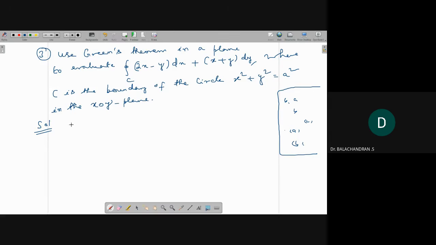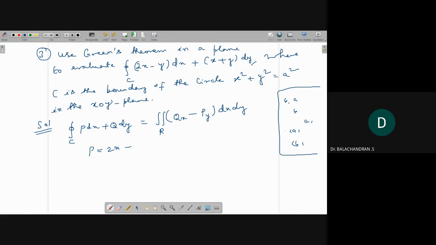Okay, now by Green's theorem we have the integral over C of P dx plus Q dy is equal to the double integral over R of (dou Q by dou x minus dou P by dou y) dx dy. So we know that P equal to 2x minus y.